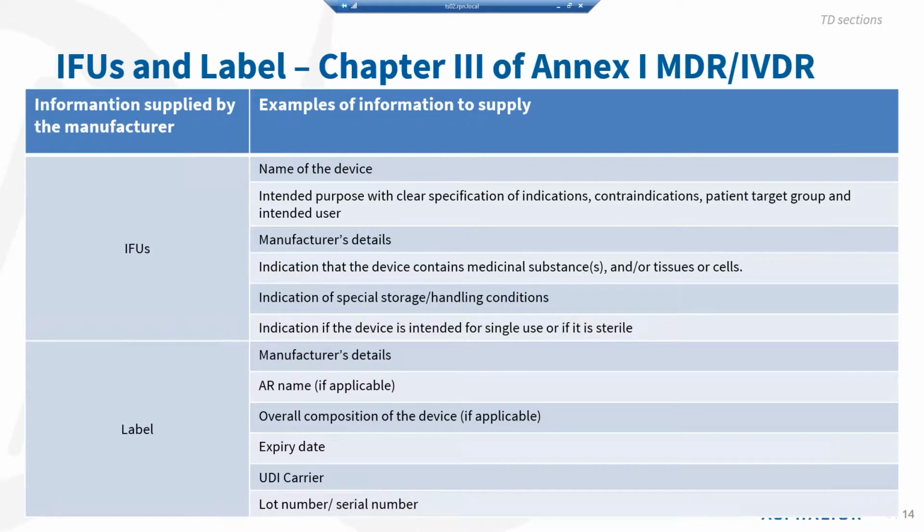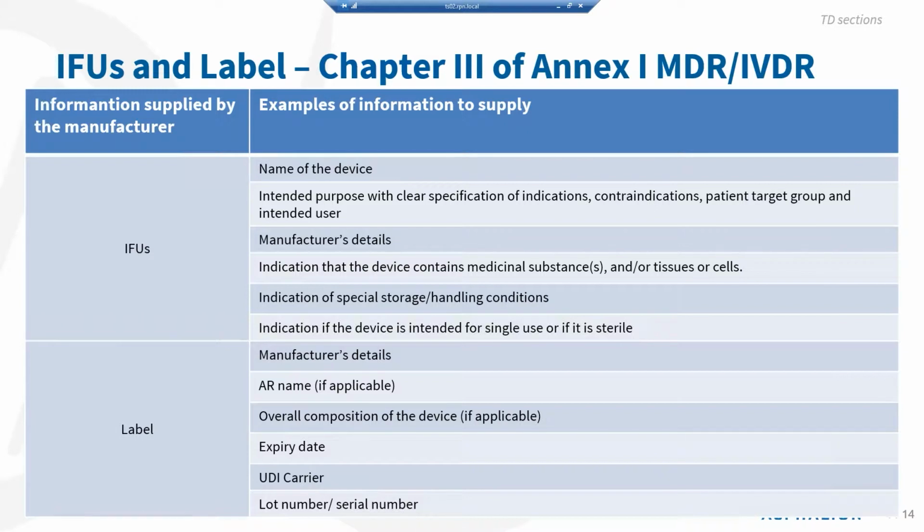Also the manufacturer's details and indications of special storage or handling conditions. As you may see, there's plenty of information that should be provided within these instructions for use. And as I said, all these specific points are listed in Chapter 3 of Annex 1, one after the other.